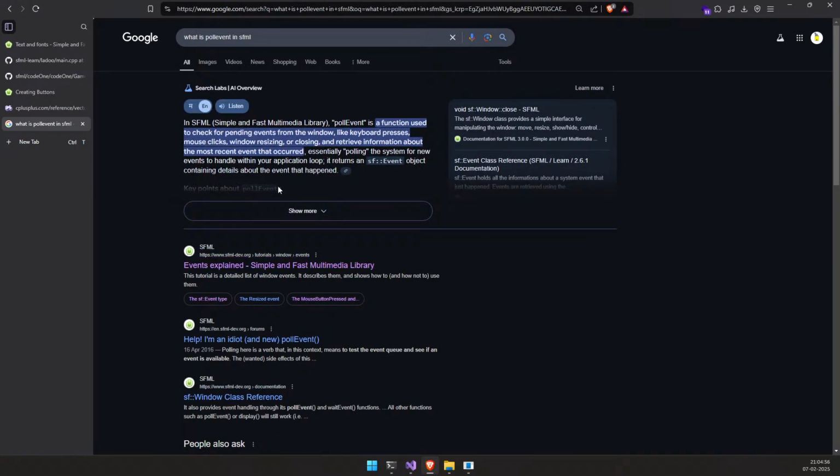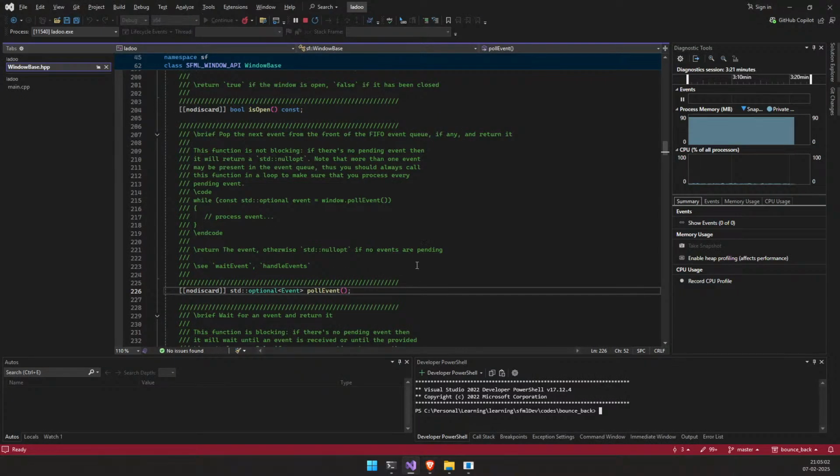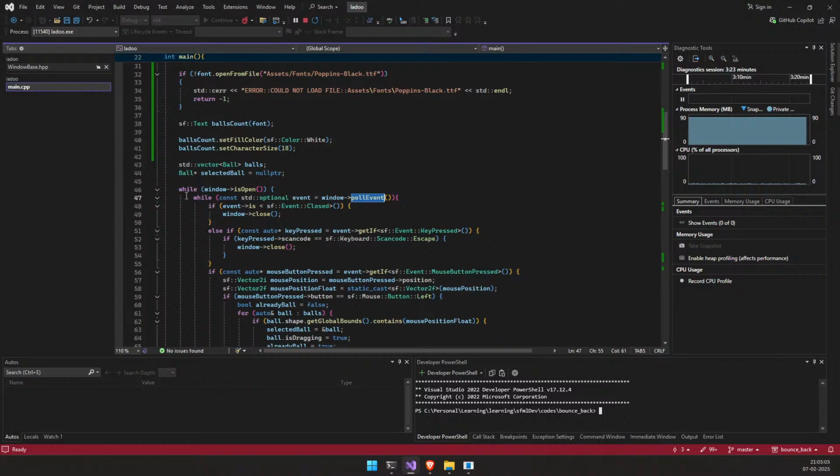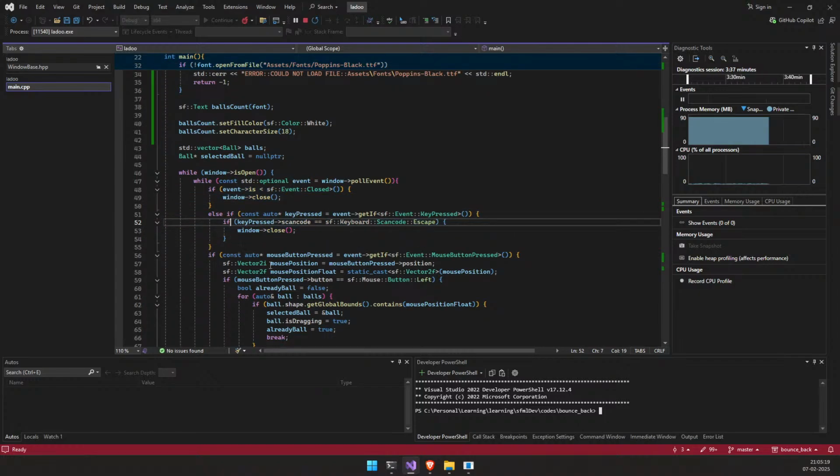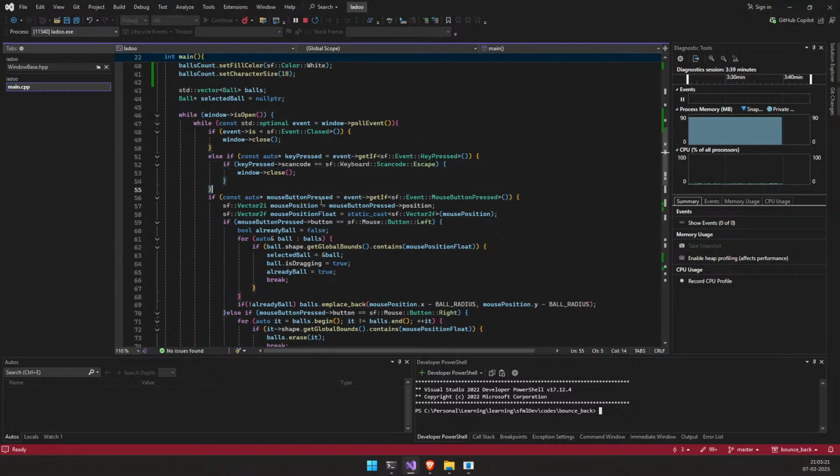The function is used to check for pending events from the window, like a key press, mouse movement in the window, or focusing. Okay. So this is, I'm assuming, for keyboard actions, mouse, and anything related to that. Then here we are checking the close event. If the close button is clicked or escape is pressed, the window will close. Then these are the custom mouse events.